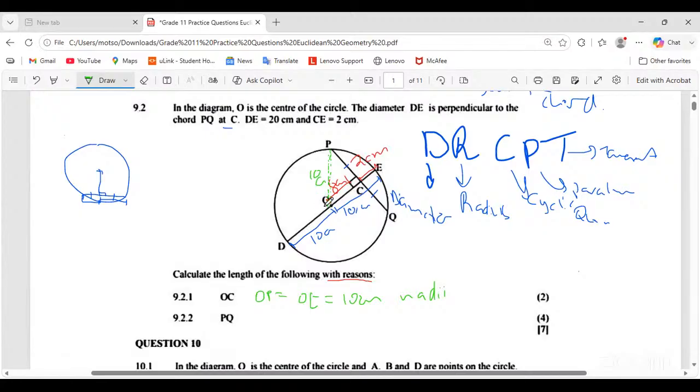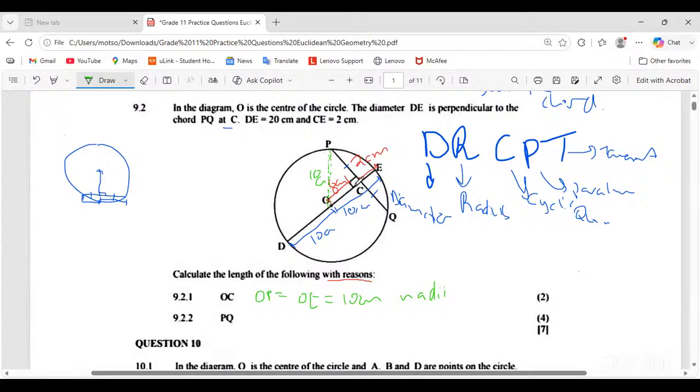Okay, now we can use the Pythagoras theorem because now our triangle OCP is a right-angled triangle. So guys, you need to note that Pythagoras theorem is only applicable on a right-angled triangle. What is a right-angled triangle? A right-angled triangle is a triangle with a right angle.